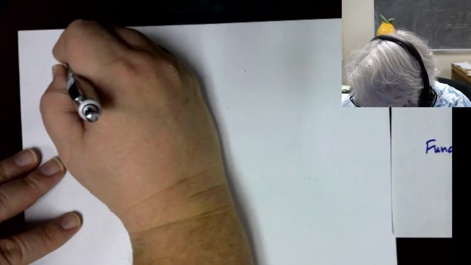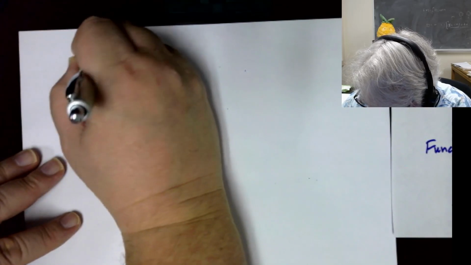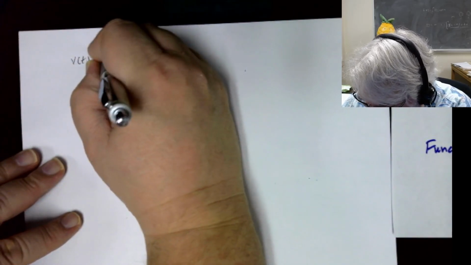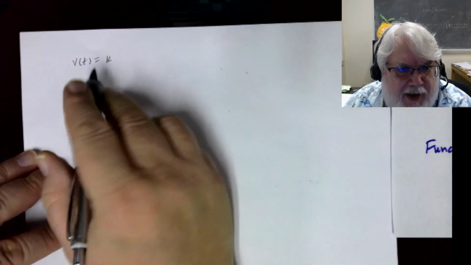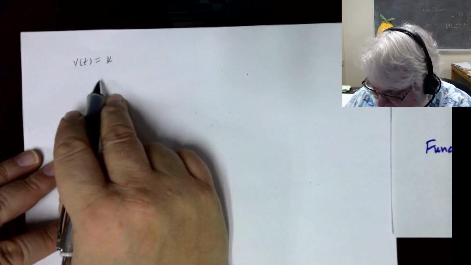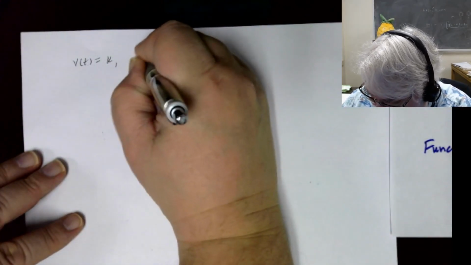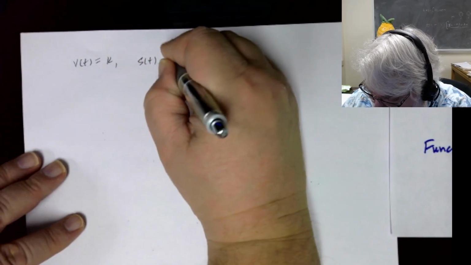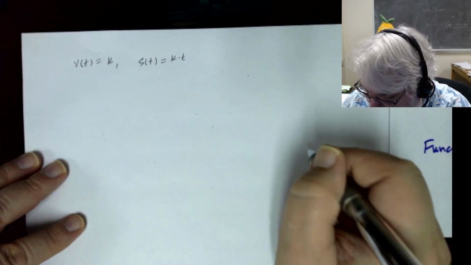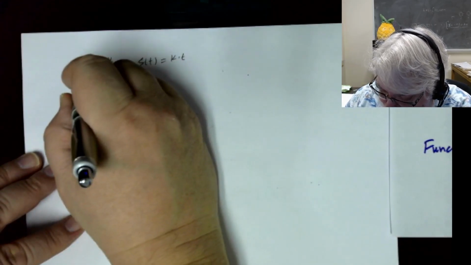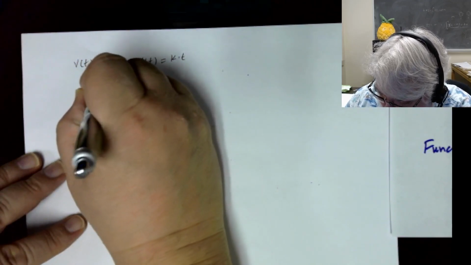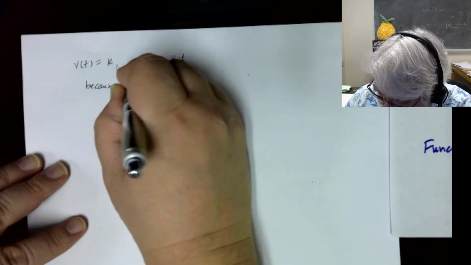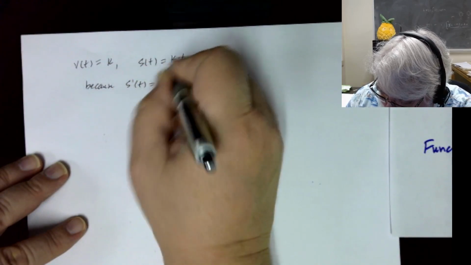We saw that if our velocity function is a constant, you could say k miles per hour if you like, then the antiderivative, S of t, would just be k times t, right? And that's because S prime of t then would be k.